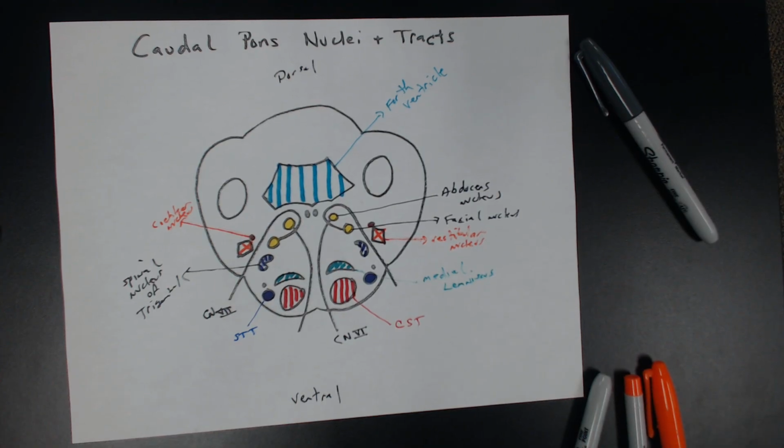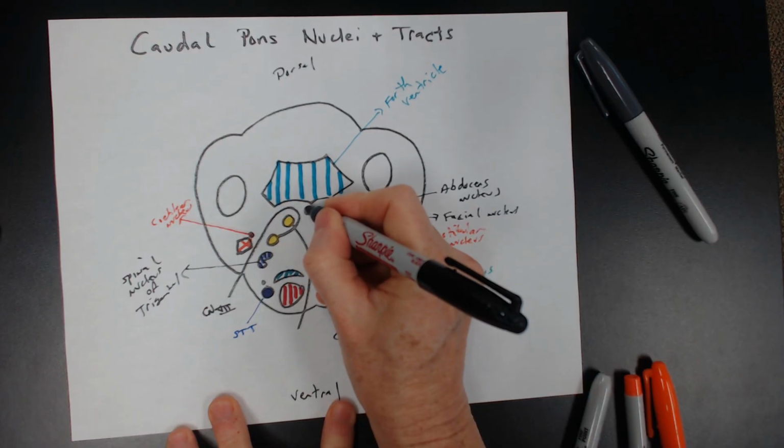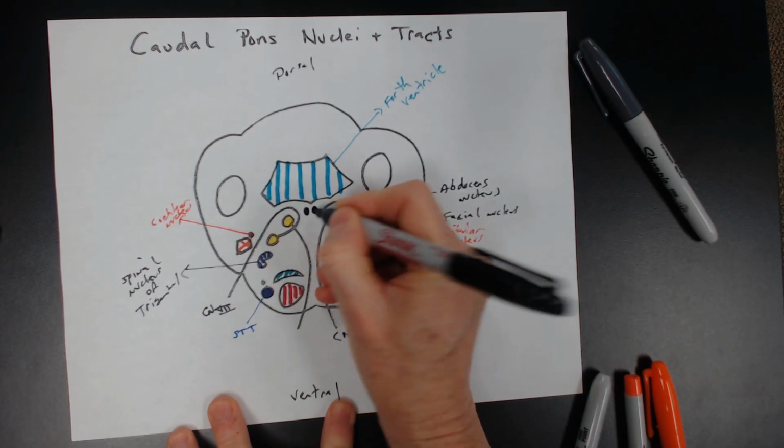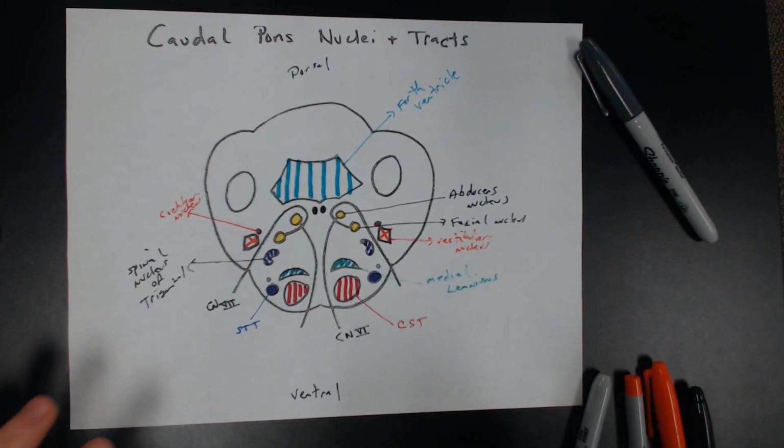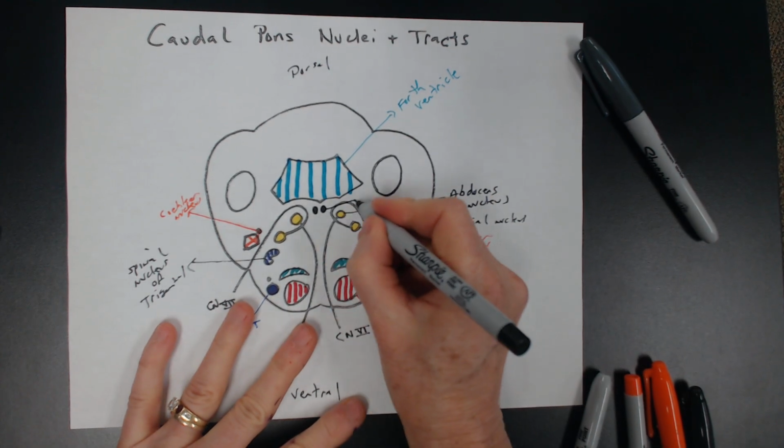Okay, a new one we just talked about today for the first time that we'll talk more about later. It's going to be present again medially. Doesn't change much. This is going to be your MLF, or your medial longitudinal fasciculus.